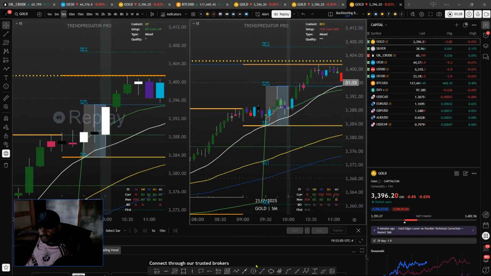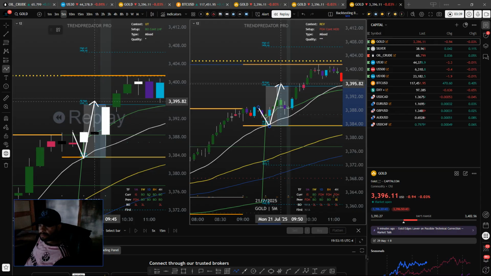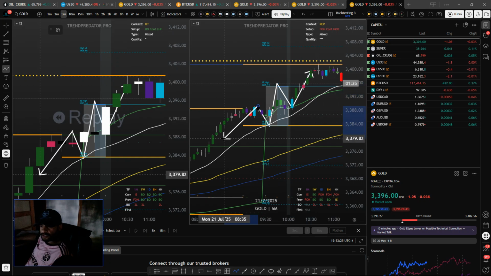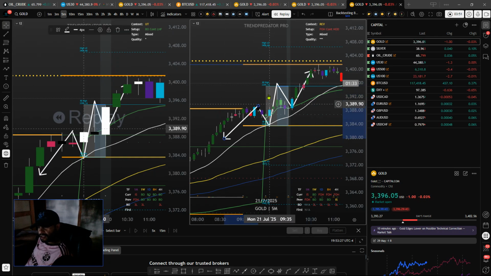In the nitty gritty of it, it's actually occurring inside of the box. So we dump into the low, okay, and then we get a secondary impulse, and then we get that pullback to retest the VWAP, and then the continuation. Okay, so however you want to look at that, it's essentially a series of zigzags.